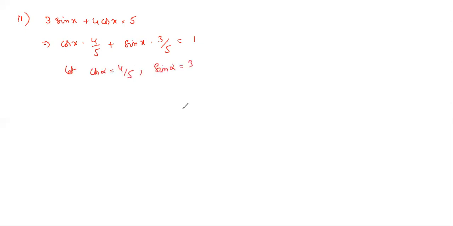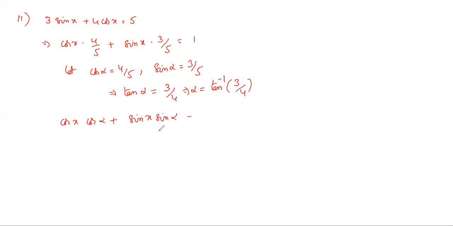To write a single cos function I am taking like this. So from this you can write tan alpha equals sin alpha by cos alpha, that is 3 by 4. So alpha is tan inverse 3 by 4. Now substituting all these values, cos x cos alpha plus sin x sin alpha equals 1.